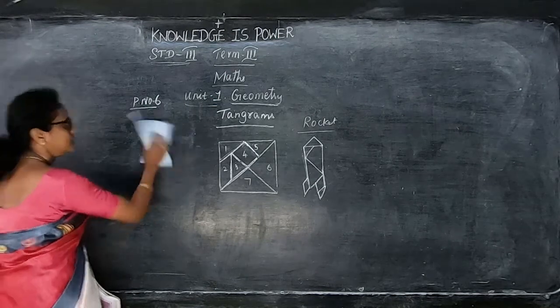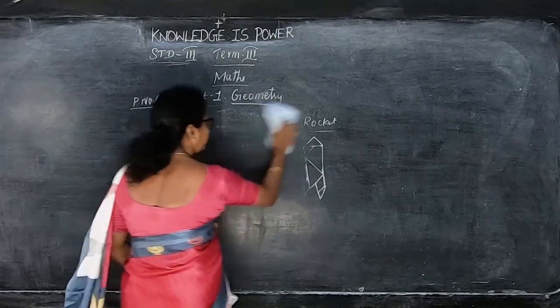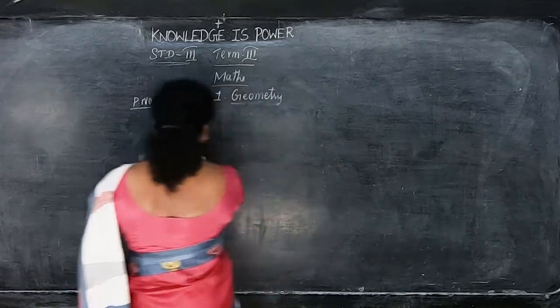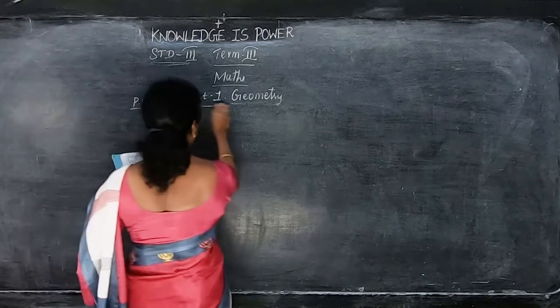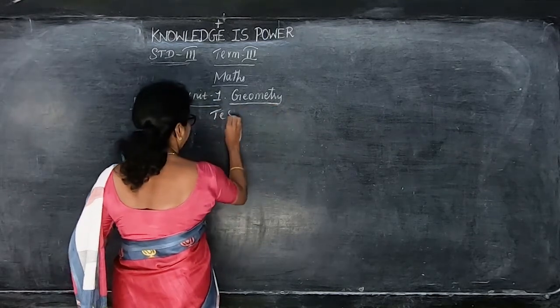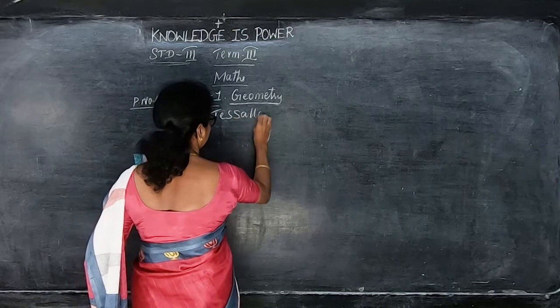Next one is tessellation. What do you mean by tessellation? Tangram is a figure of 7 pieces. Now, tessellation.